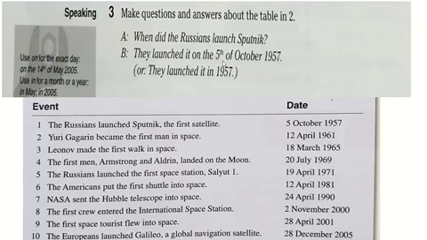Or you can say they launched it in 1957. Look here, we use only the year. We don't use the day and the month. If you use the year, you should use the word in. But if you use the day, the month, and the year, you should use the preposition on.